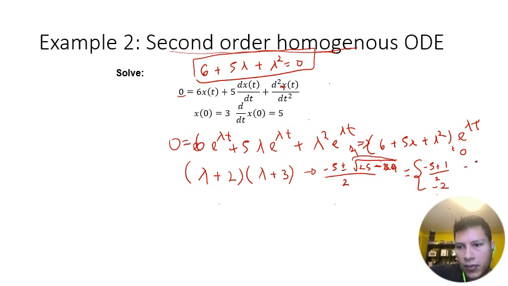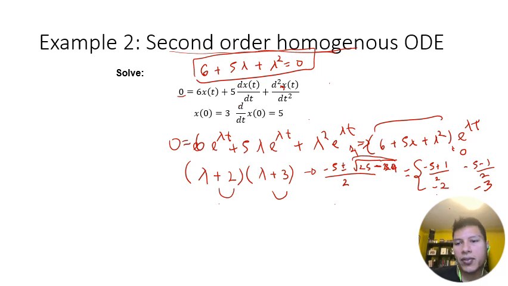And then we're going to have negative 5 minus 1 over 2, which is just negative 3. Well, that's basically these two. Okay, so we got our roots. I mean, you can just do this by inspection, but you could also have used the quadratic formula.